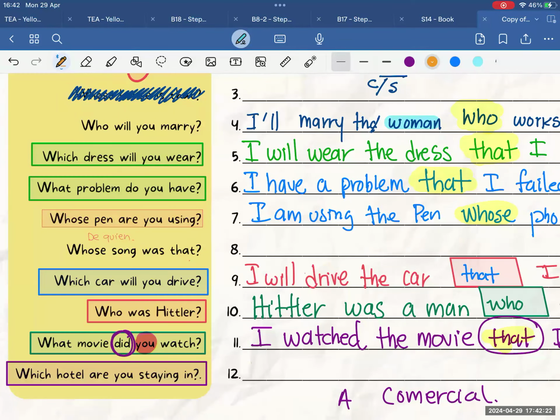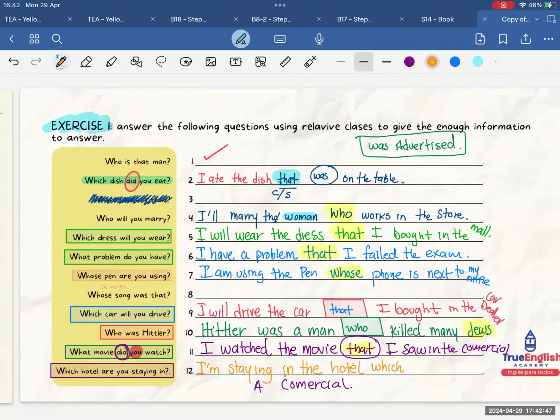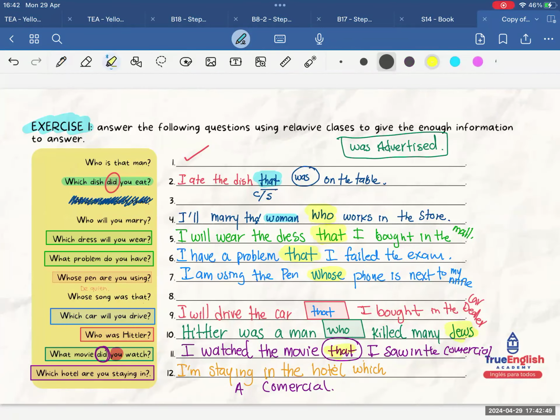Regina? Staying in. También tengo que poner in the hotel. In the hotel, and then the connection. Which. There you go, yes.